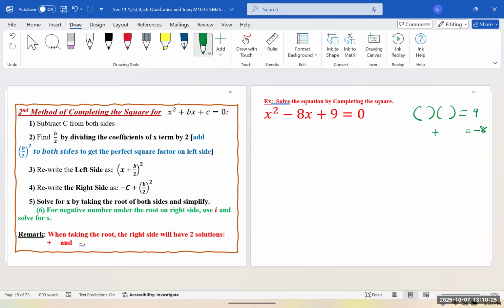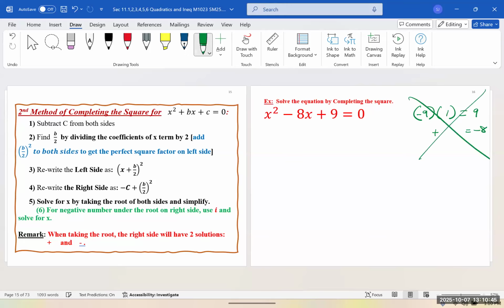It looks like it's -9 and +1, right? But when you multiply, what do you get? -9. But what is given to you? +9. So it's not factorable.